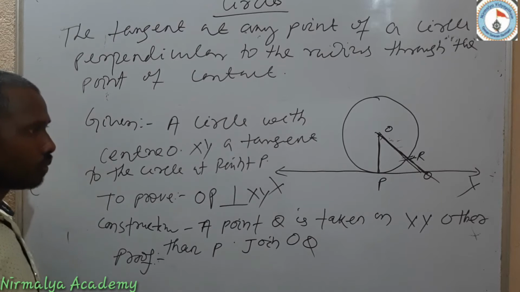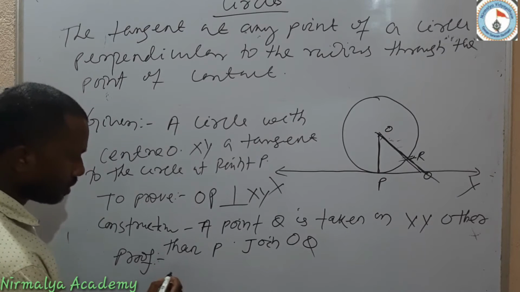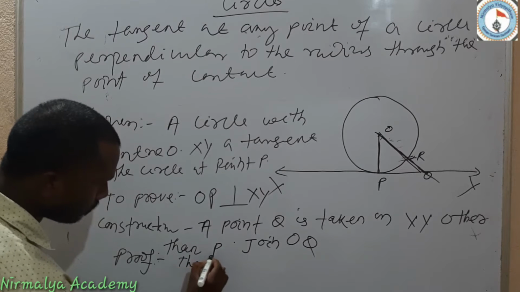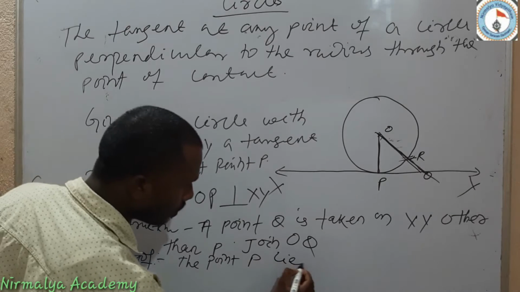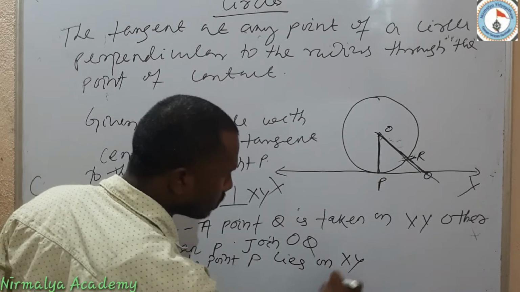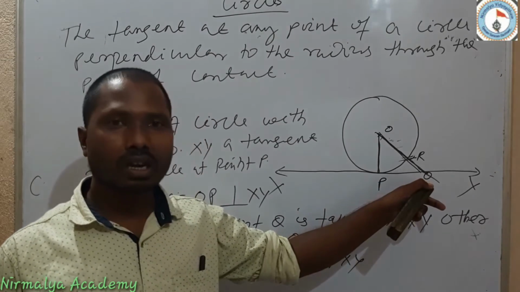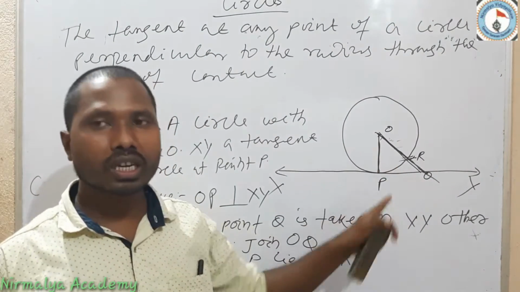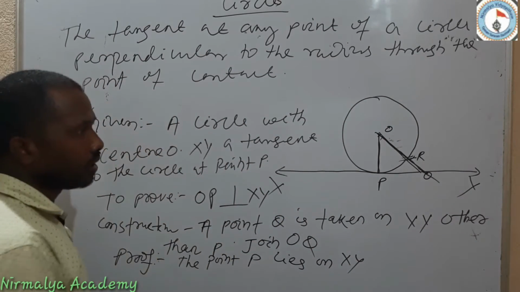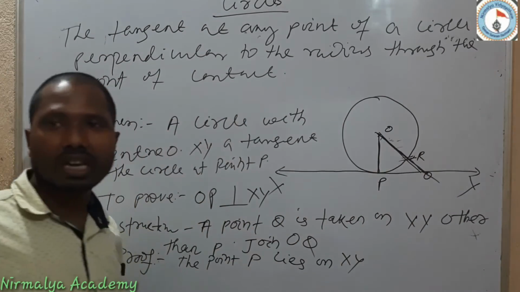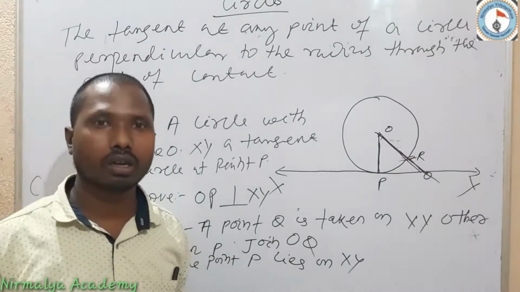The first thing we have to write is that the point P lies on XY. So that means Q must lie outside the circle. It must lie outside the circle because if it lies inside the circle, then there will be two common points and it will be the secant of the circle.